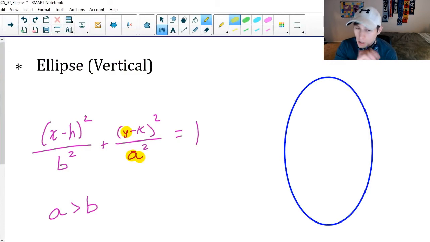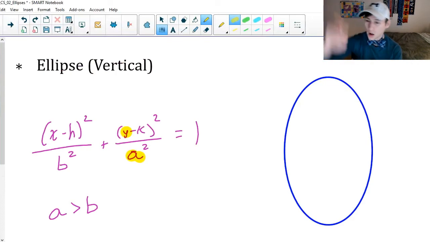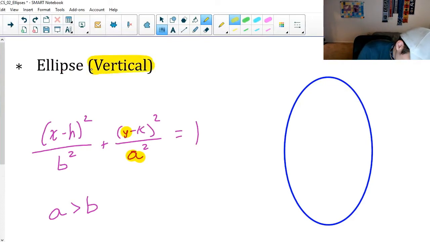So remember, a should always be the larger denominator. So if the larger number is underneath the y variable, then that means the ellipse is going to be larger in the y direction, so more vertical, more kind of skinny, taller, elongated.